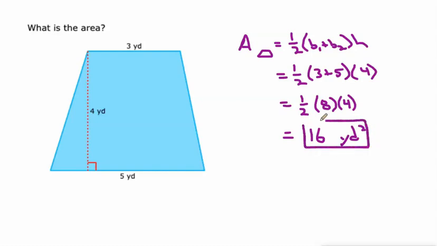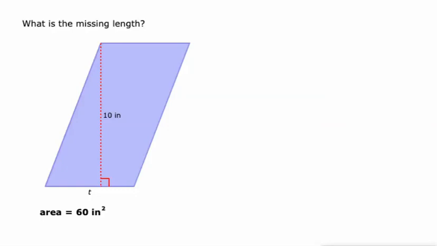All right, so we've gone through some basic just find area of 3 different shapes. Now let's work backwards. We're given area, and we have to find a missing dimension. All right, well, the area of a parallelogram is base times height. It's just kind of like a slanted rectangle. All right, so in this case, our area is 60.